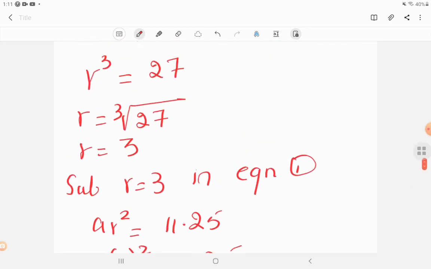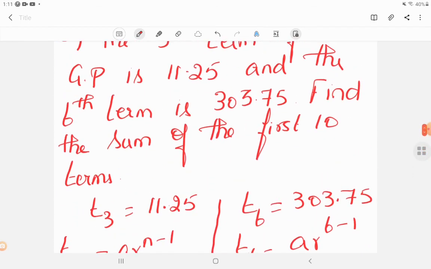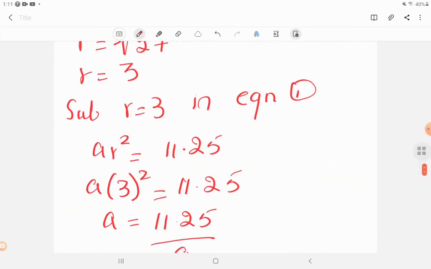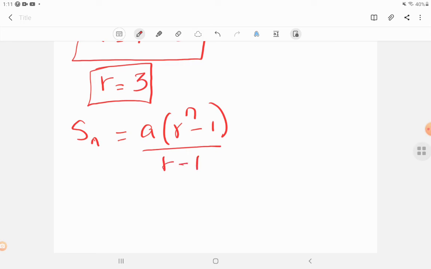Now what is the question here? The question says find the sum of the first 10 terms. In order to find the sum, we use the formula. R is equal to 3. We use this formula A times R to the power of n minus 1 divided by R minus 1, finding the sum of the first 10 terms.